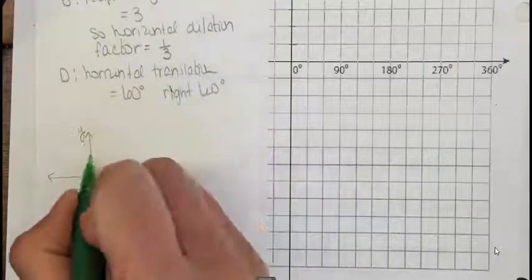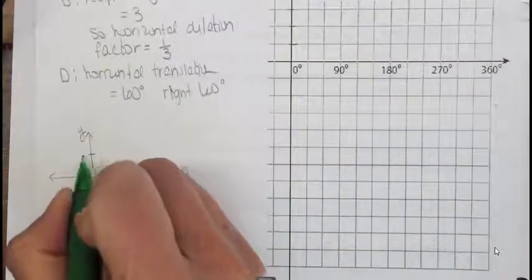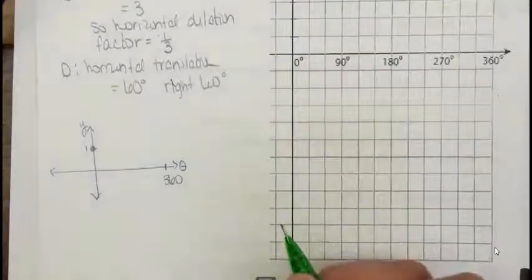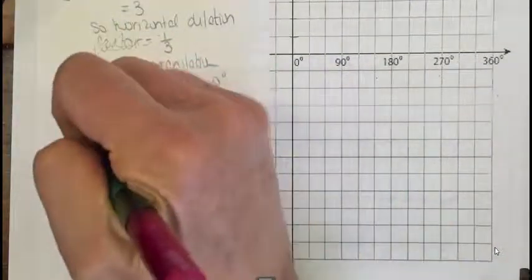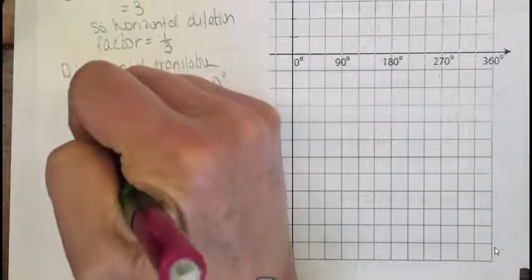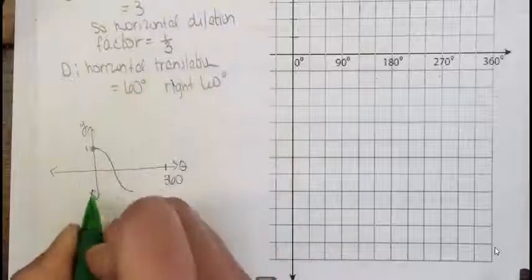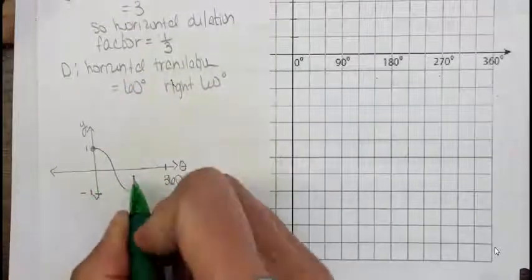So my highest point would always start at 1, or at (0, 1) on the y-axis. And then I do a quarter of the graph and I get down to my midline. I do another quarter of the graph and I get down to my lowest point, which is at -1.